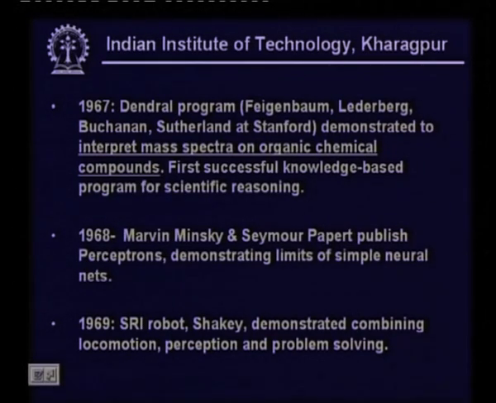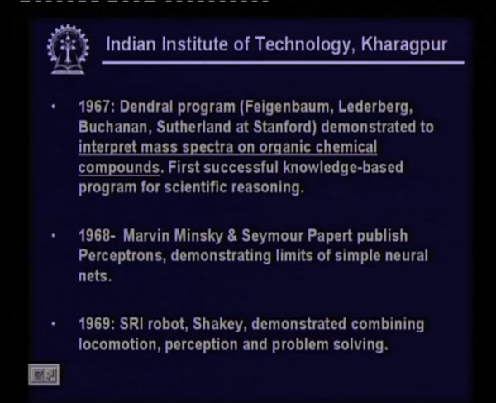In 1968, there was a very significant paper by Minsky and Papert, which demonstrated the limits of simple neural nets. This paper had a tremendous negative effect in discouraging the field of neural networks for the time being. And later, of course, people realized that there are ways of coming out of this problem.